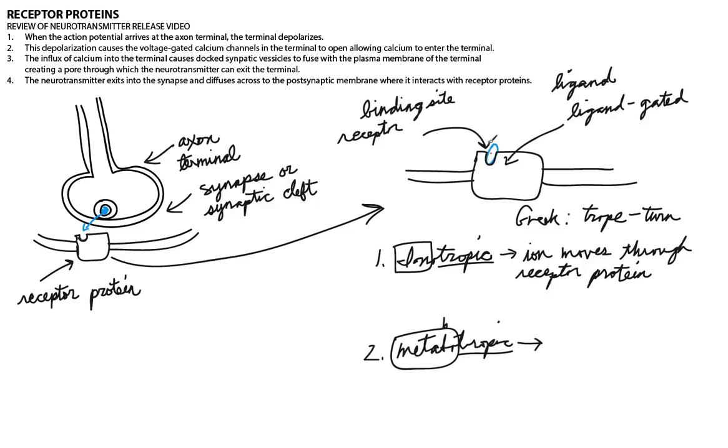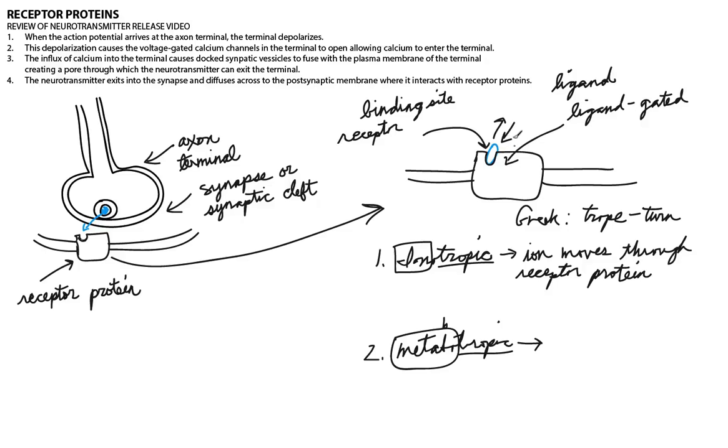So the neurotransmitter only binds with that receptor protein for a brief moment, and then it detaches and goes back out into the synaptic cleft. Since it's bouncing around, it's possible that it could once again enter the receptor site or the binding site and produce its effect another time. And so in a later video, we'll look at how you remove these neurotransmitters from the synaptic cleft, because as long as they're there, there's the possibility that they may repeatedly bind and unbind with the receptor protein, producing their effect over and over.